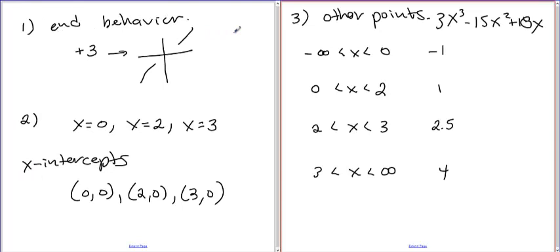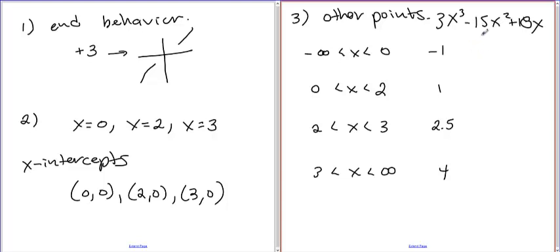So 3 times negative 1 cubed minus 15 times negative 1 squared plus 18 times negative 1.